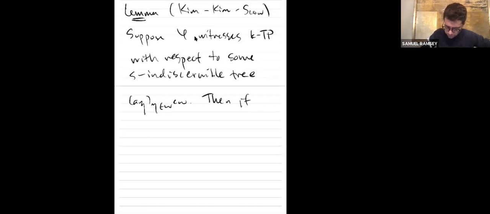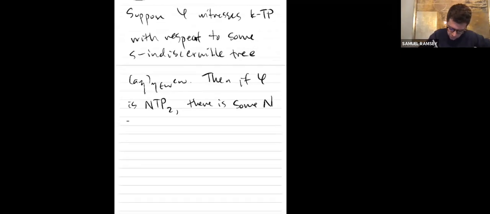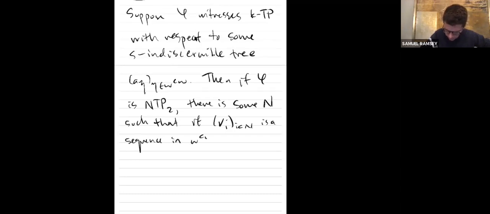Then if phi is not in TP2, so the formula doesn't have TP2, there is some n such that if nu_i, i less than n, is a sequence in omega^{<omega} with two things happening. So the first is that the length of nu_i equals the length of nu_j for i not equal to j.